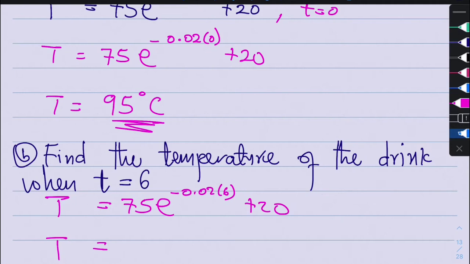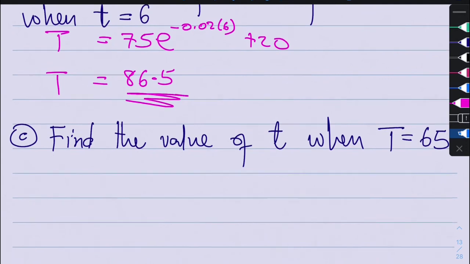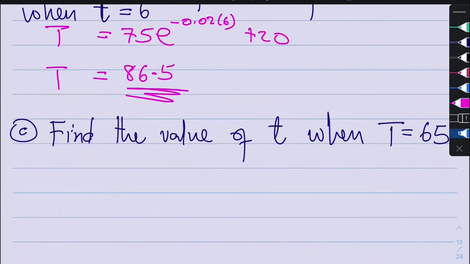So we just put everything on the calculator: 75 e to the power negative 0.02 into 6, plus 20. According to my calculator, I should get 86.5. I could be wrong though, so just check it out with your calculator.